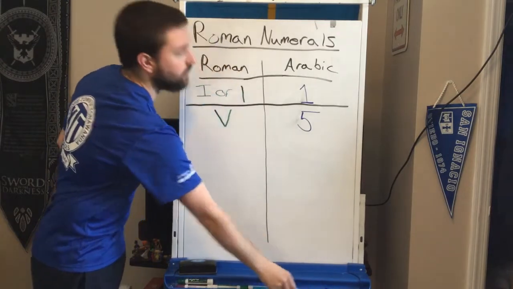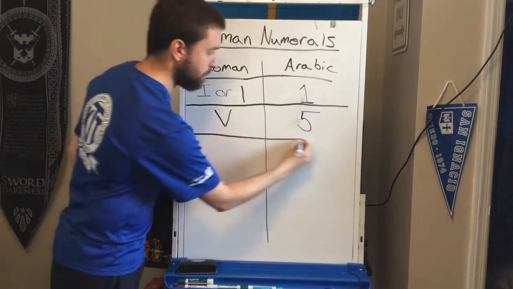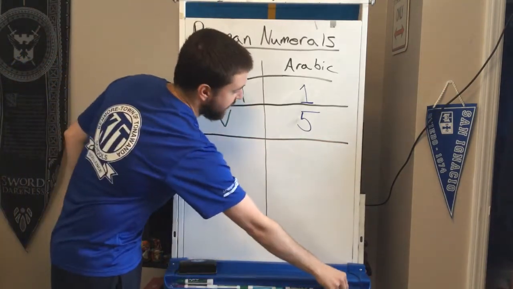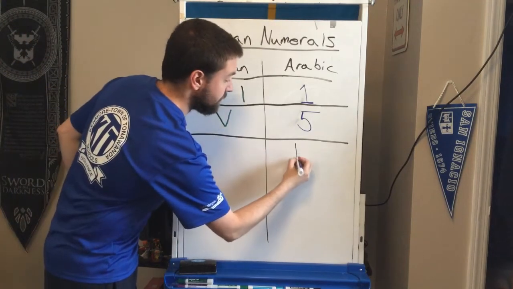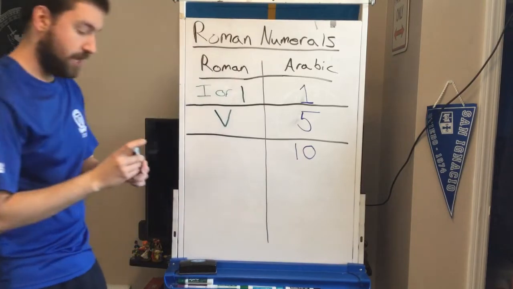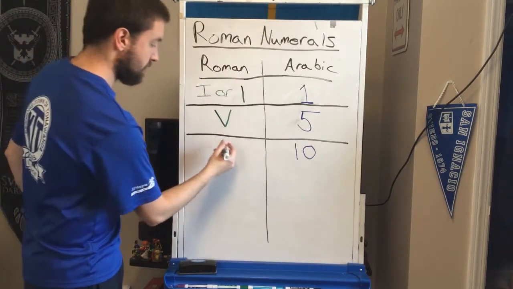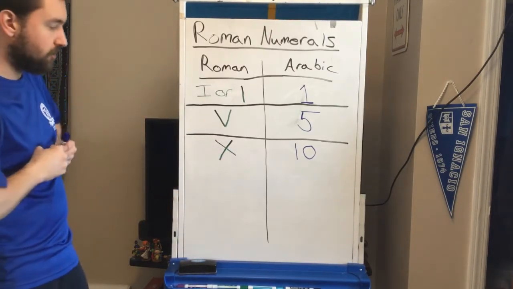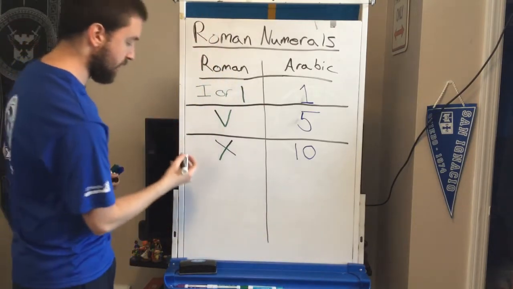Our next numeral is actually not 6, it's not 7, it's not 8, it's not 9, it's 10. The number 10 looks like an X. So now we have 1, 5, and 10.